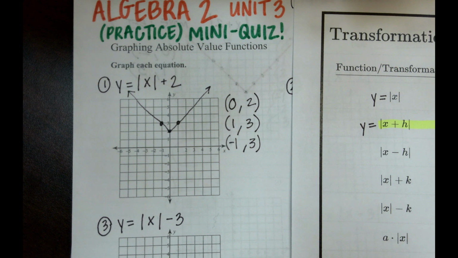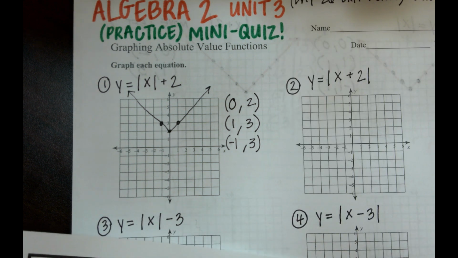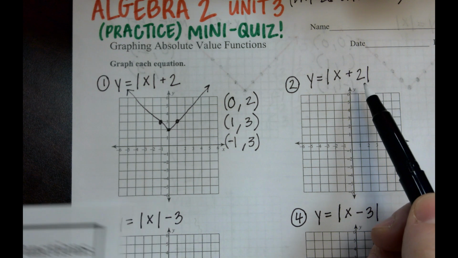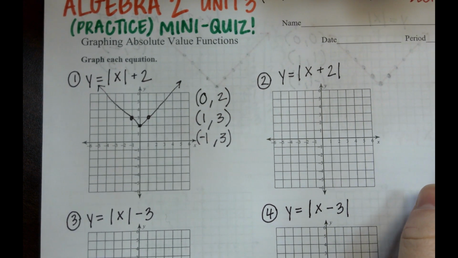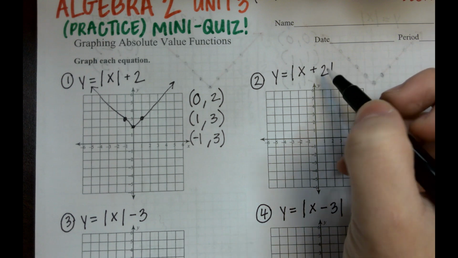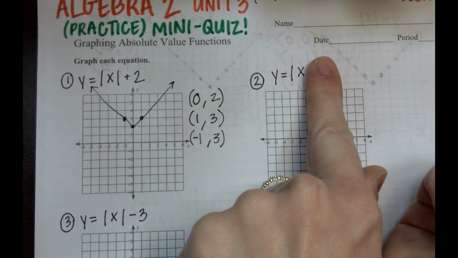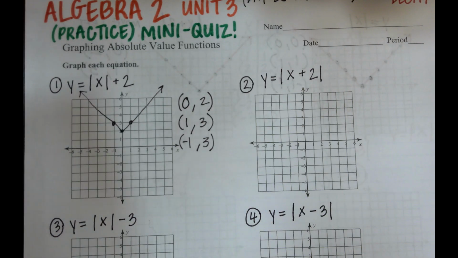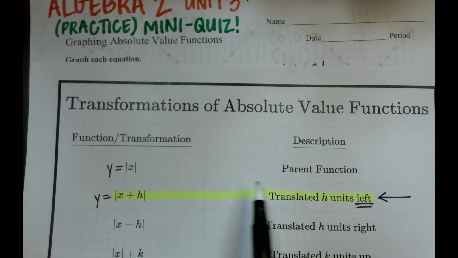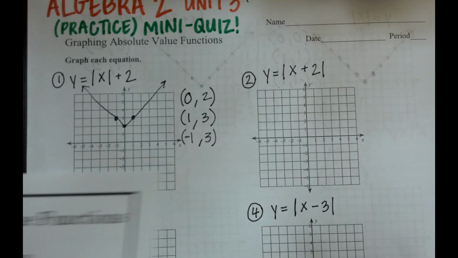Number 2. This is just like the one we did together before. We move to -2. So yes, we start with the absolute value of x, but now we're adding 2 inside the absolute value. If you look at what we just did here, that means we're going to move it 2 to the left.